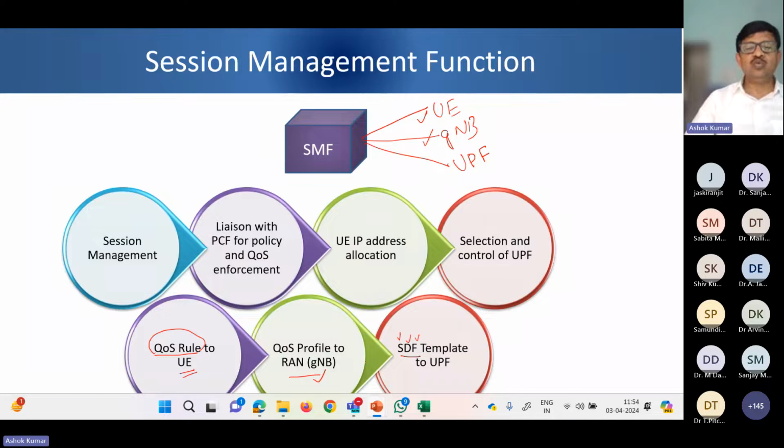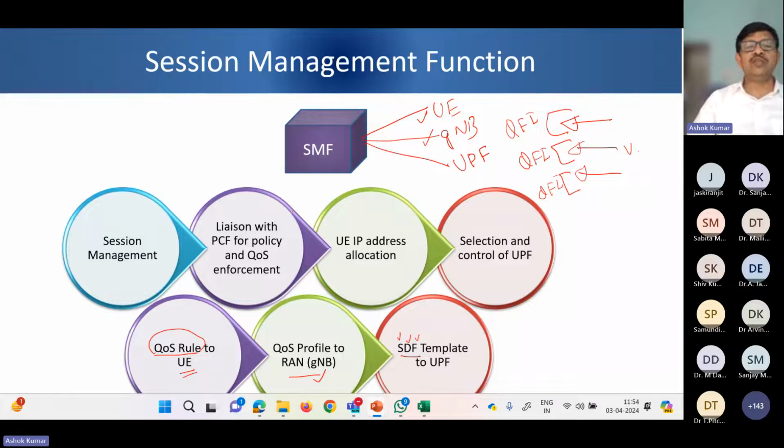Using these rules, suppose some IP packets are coming from YouTube, other IP packets from a voice call, and so on. With these rules, they will be able to segregate, filter, and apply a particular QFI, which I talked about, quality of service flow ID, and map different required resources at different places.